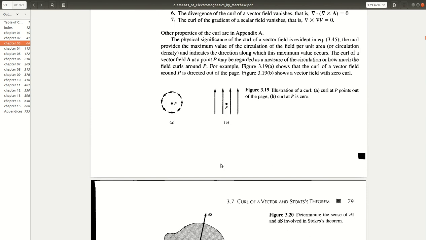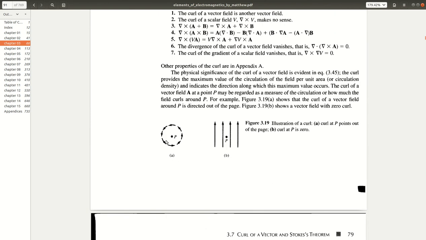Here, as you see, this is the illustration of the curl. This is the point, and the curl points out of the page. So imagine that this is the screen of your laptop or your phone, and if you put your fingers on the screen, your thumb will go outside the screen.